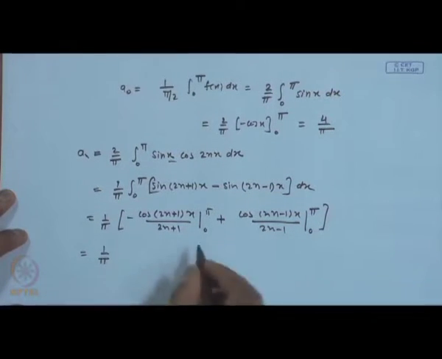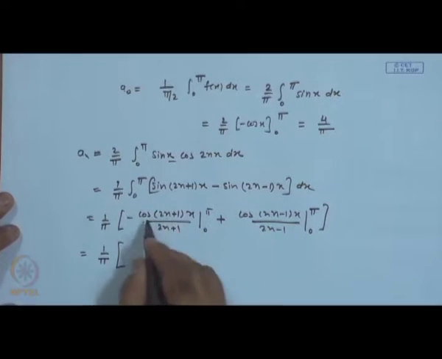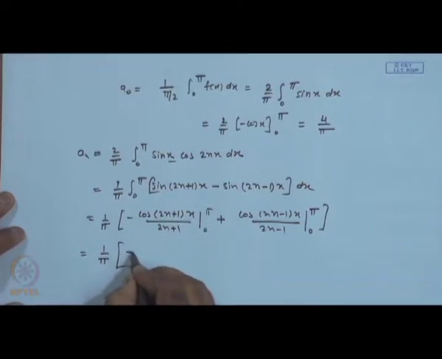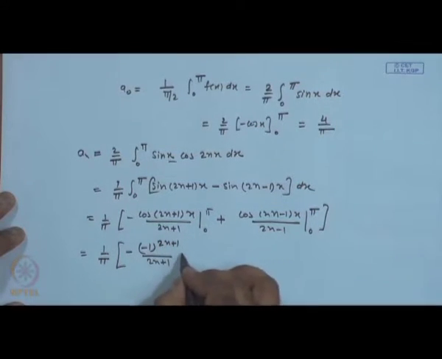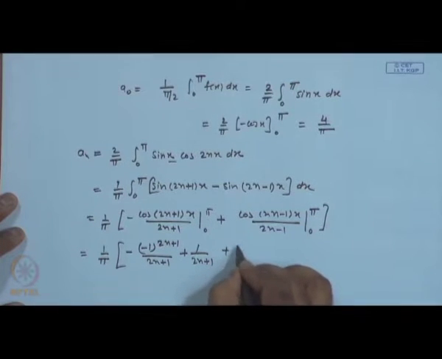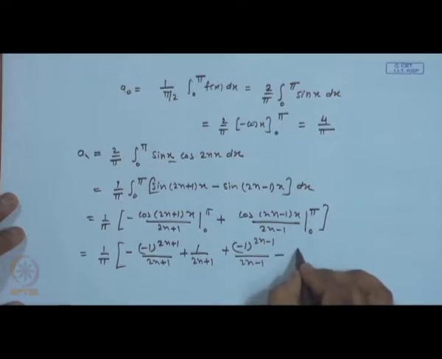So, we have 1 over pi, and then when we put this pi here, we get minus 1 power 2 n plus 1. So, we have with minus and minus 2 n plus 1 over 2 n plus 1, and then minus minus plus, cos 0 would be 1. So, over 2 n plus 1. Similarly, here we have minus 1 2 n minus 1 over 2 n minus 1, and we have minus then 1 over 2 n minus 1.